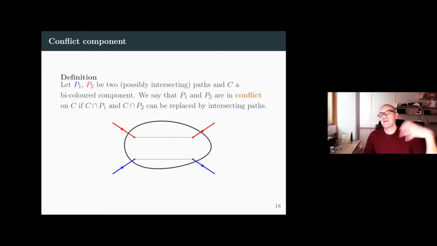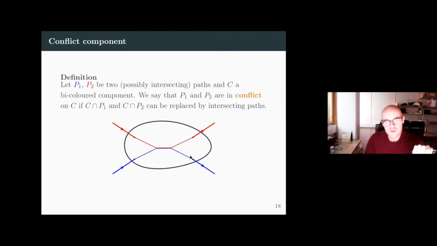If you look at the intersection of P1 and C, and of P2 and C, each is a path, which we just proved. And we say they are in conflict if you can replace these two paths by something that intersects. They might not intersect at the beginning, but we say they're in conflict if they could have been intersecting with the same entry points and exit points in this component.